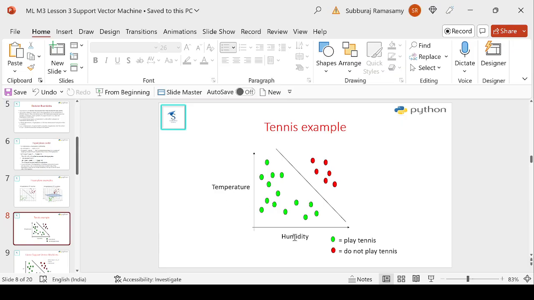These are two features or two independent variables. And on one side of this hyperplane, they will play tennis, and on the other side they won't play tennis. If the humidity goes beyond a particular point, the line is dependent on the temperature and humidity on that particular day. So on one side of the hyperplane they do not play tennis, on the other side they play tennis.